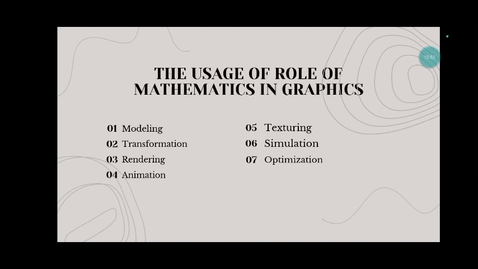So last, optimization. Mathematics is essential for optimizing graphics algorithms and rendering techniques to achieve real-time performance. Techniques such as numerical optimization, approximation, and parallel computing are employed to improve efficiency and speed.